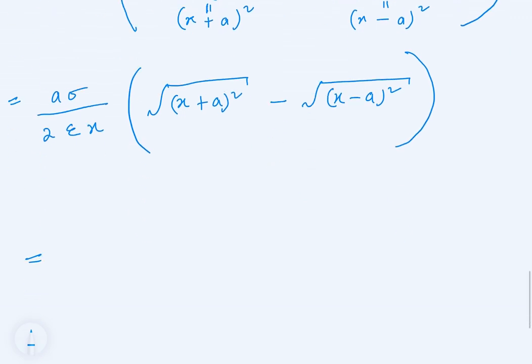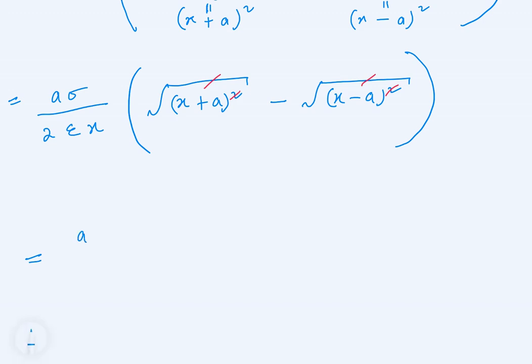So now we can see clearly that the square root signs and the squares cancel. And that means we have the following now.